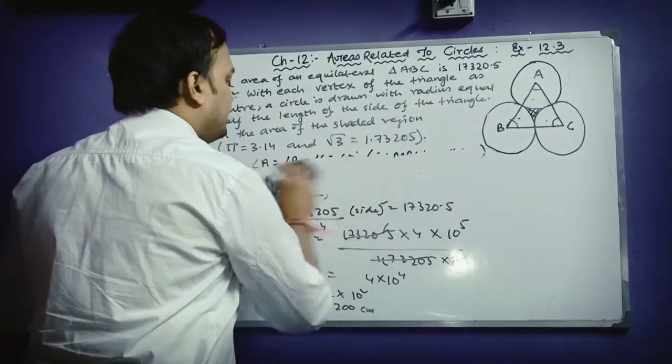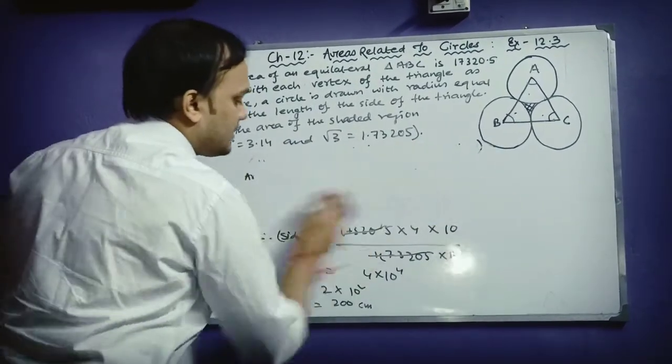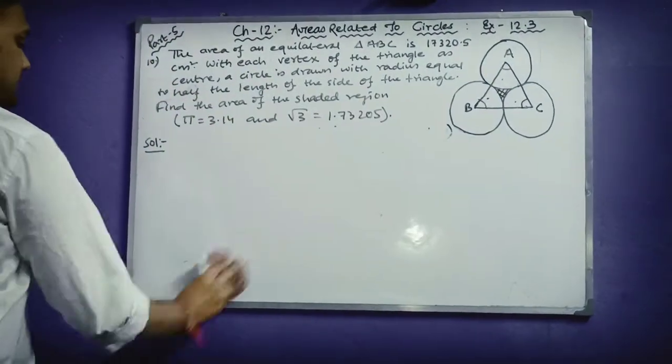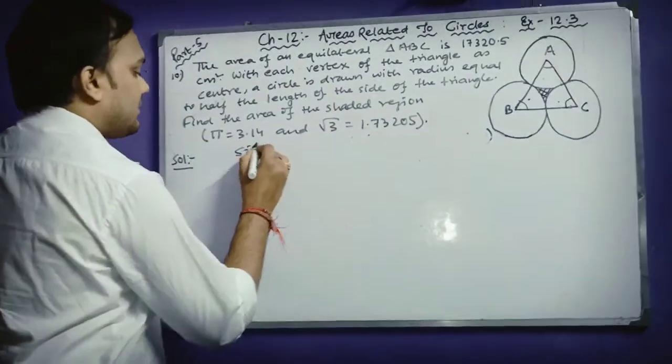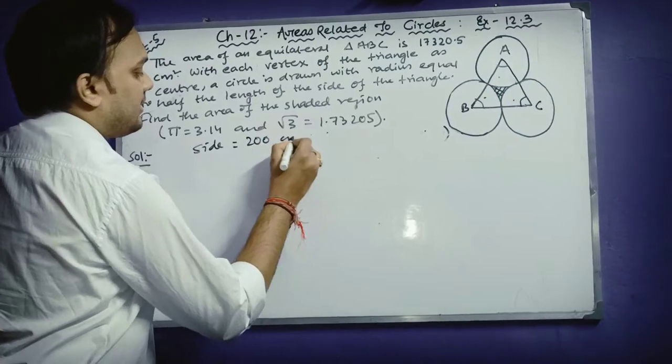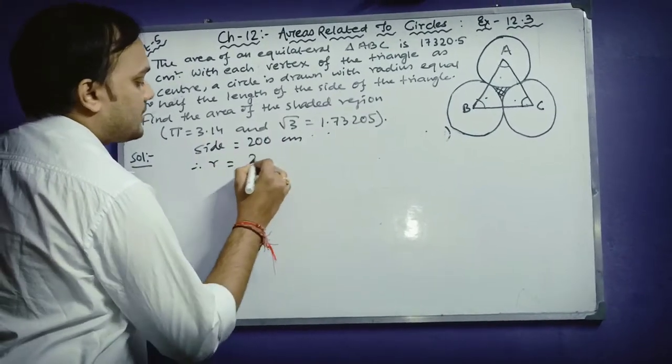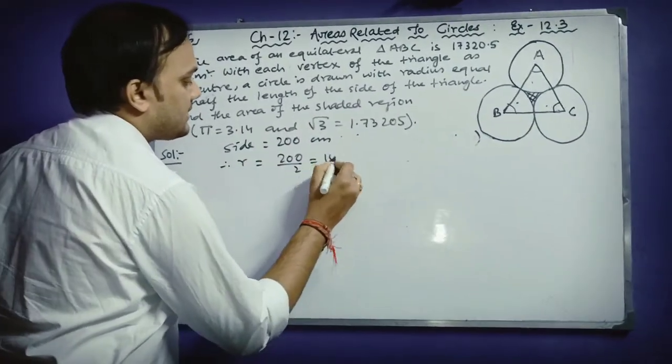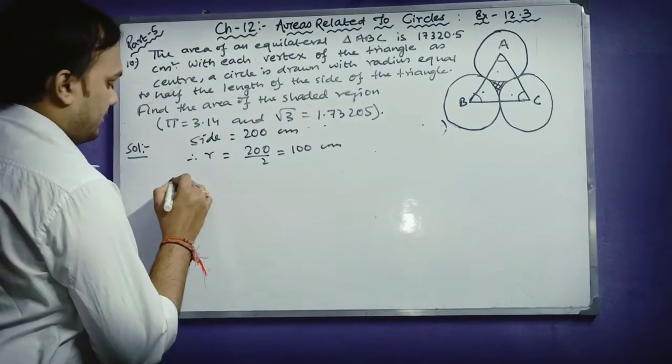Okay. So after this calculation, we got that the side is 200 centimeter, and therefore radius will be equal to 200 by 2. That means 100 centimeter. Okay.